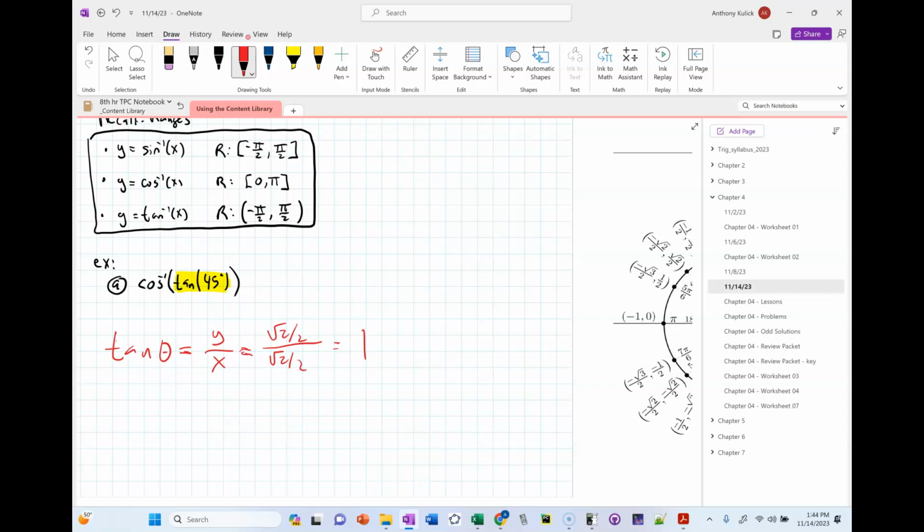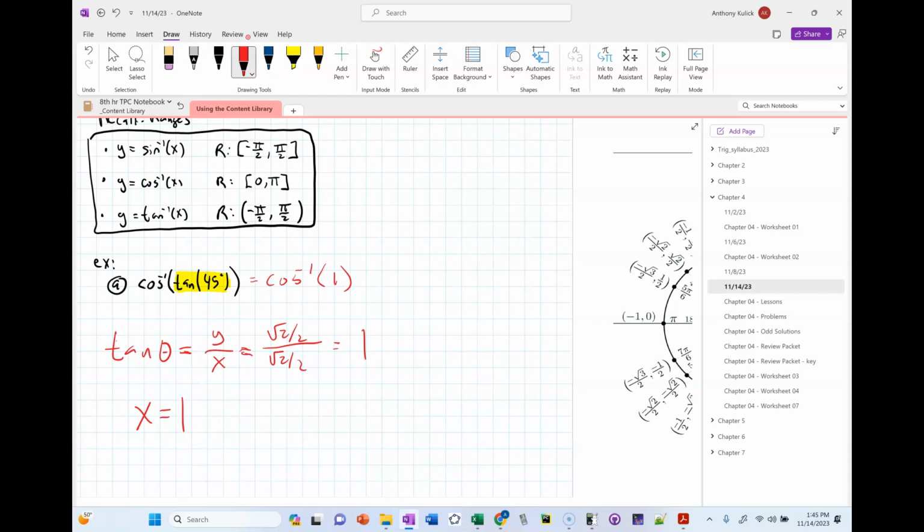So what do we have now? We have cosine inverse of 1. On the unit circle, what is cosine? X. Thank you, Grace. So I'm going to go to the unit circle and look for where x is 1.